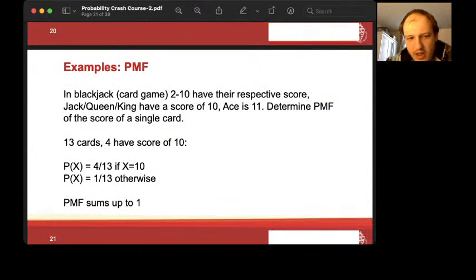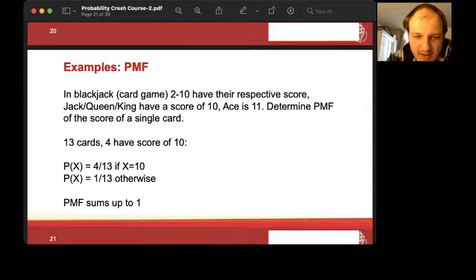Okay, so we can count. No, it's actually not uniform, because you have 4 cards that have the same score. Uniform would be if you're interested in what card you are drawing exactly. But in this case the Jack, Queen, King and the 10 all have the same score.